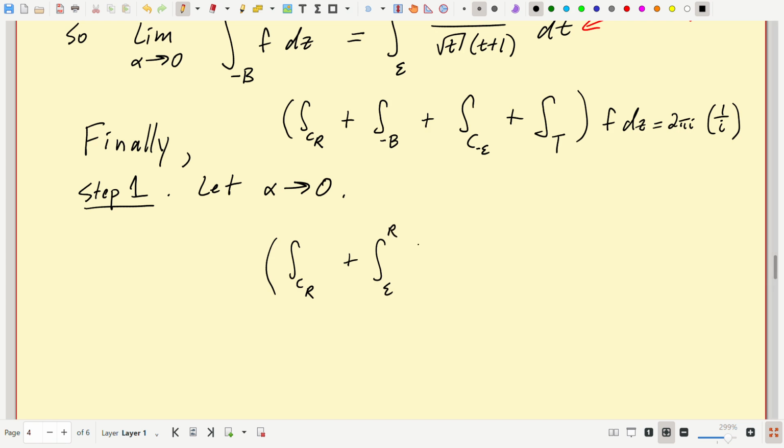The bottom and the top are both going to go to the integral I want. So those are going to be 2 times the integral I want. This one's going to go to the thing I want, this one's also going to go to the thing I want. So I get 2 times the thing I want.